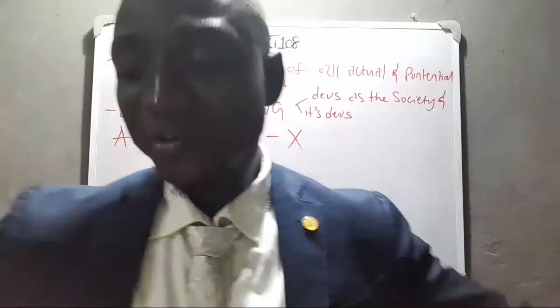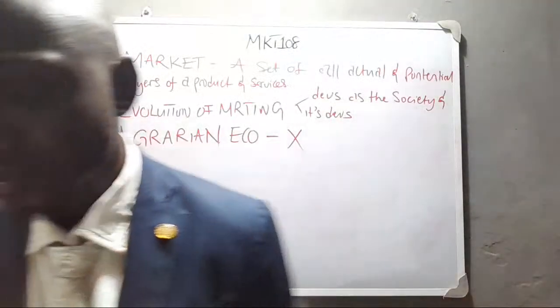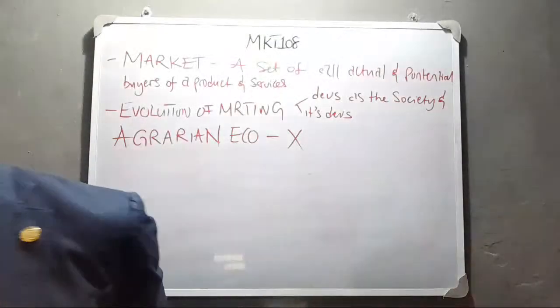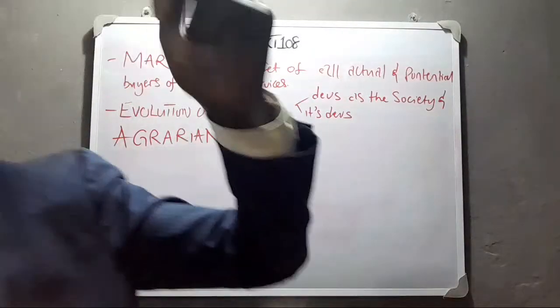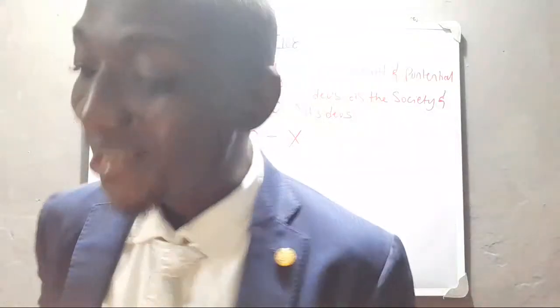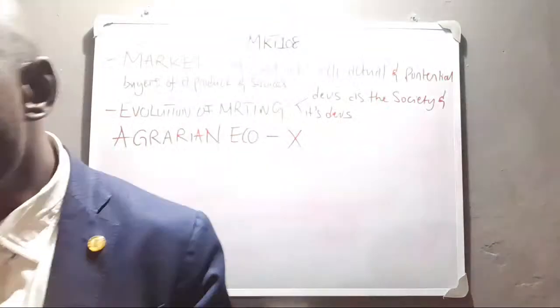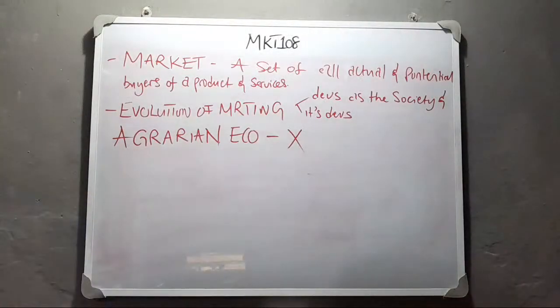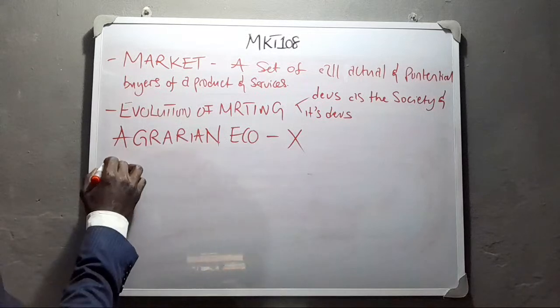So marketing increases. When division of labor begins to evolve, people concentrate on producing more than they need. And whenever people make more than they want, the foundation is laid for trade, for exchange. And this is the art of marketing. So trade, exchange.